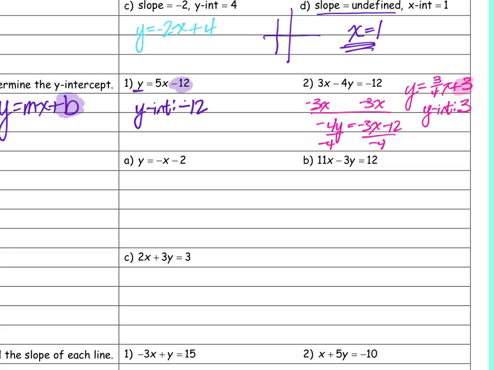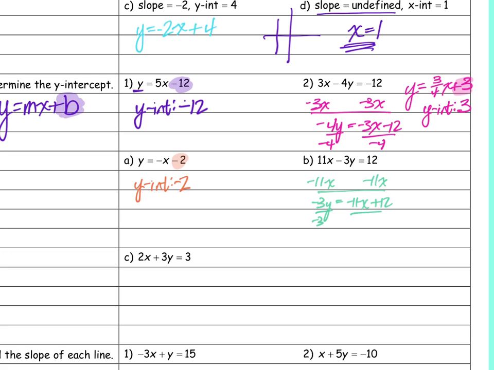Okay, so the first one is already solved for y. So my y-intercept is just negative 2. And then the second one I need to solve for y. So subtract 11x, and I get negative 3y equals negative 11x plus 12.